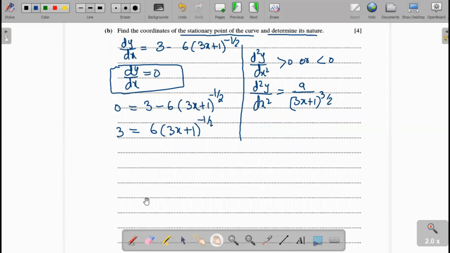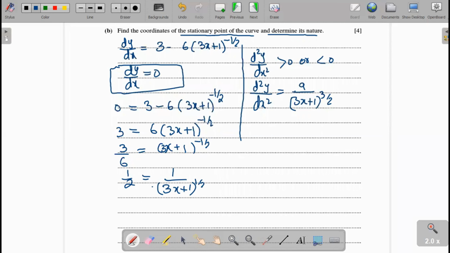Now we can write this as 3 over 6 equal to (3x plus 1) power minus 1 over 2. That is 1 over 2 equal to 1 over (3x plus 1) power 1 over 2.